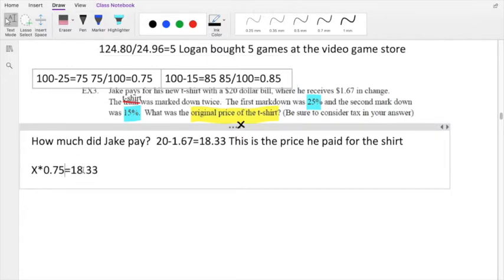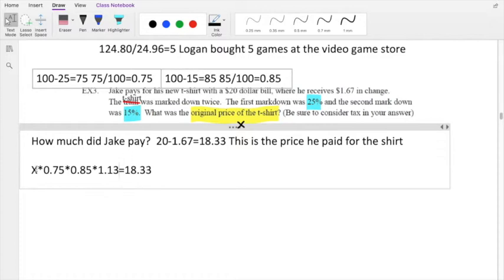So then after we did that discount, we did this discount. I'm going to multiply that. And then after that, we have to add the tax. We know the tax is 1.13.